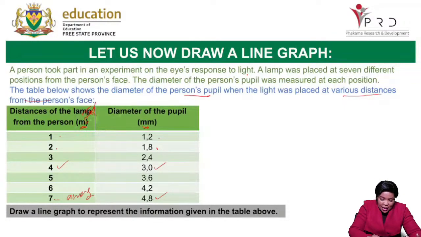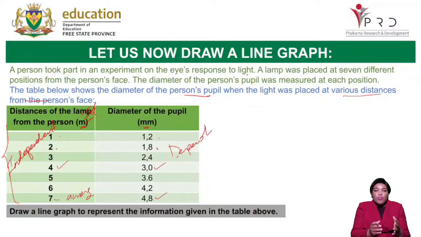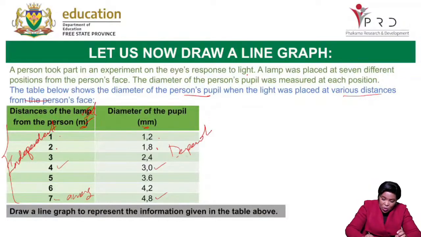Also, it is what the investigator can manipulate. This is our dependent because it is depending. So whether you put the lamp closer or further away, it will influence the diameter of the pupil. So this is why it becomes our dependent.